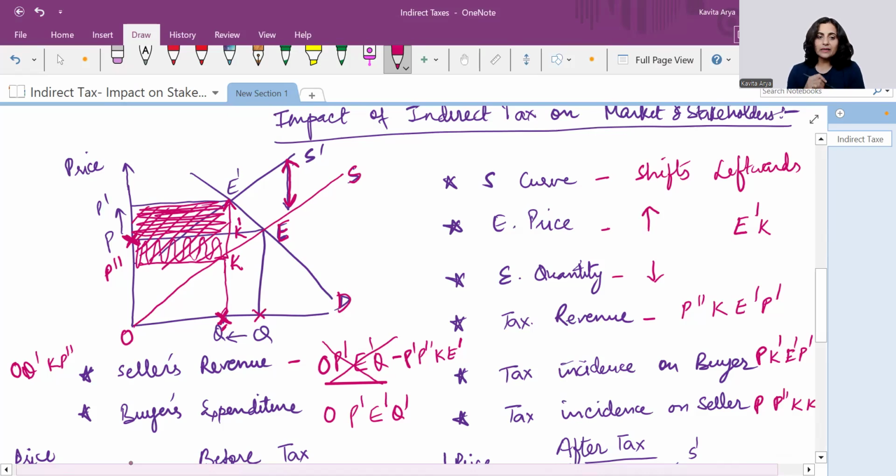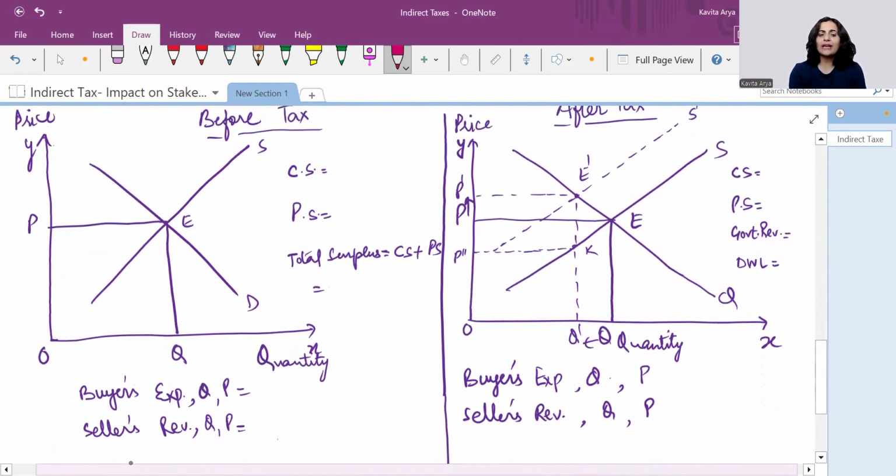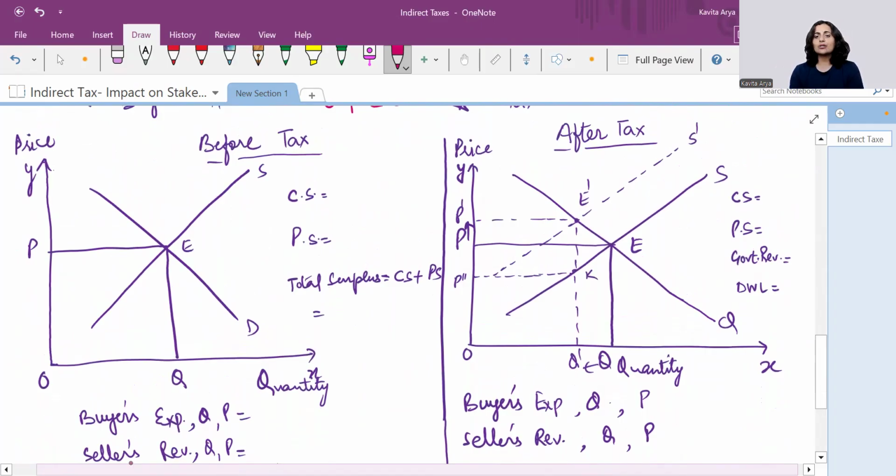So the whole big box is the expenditure the buyer is going to bear, and this expenditure would have two components. One goes to the government as the government revenue, and the other goes to the seller as his return of his initiative, right?